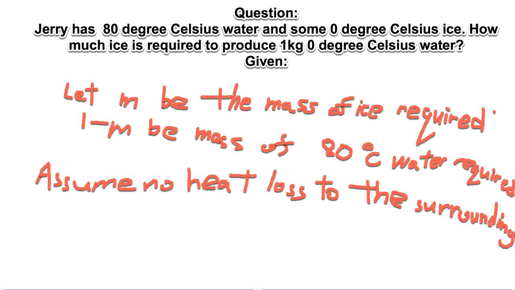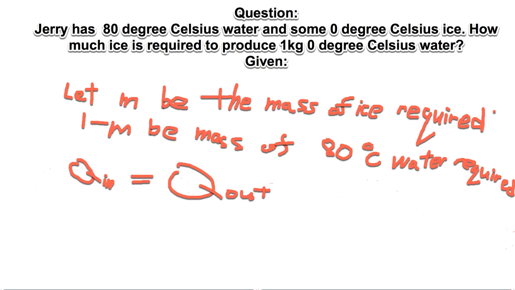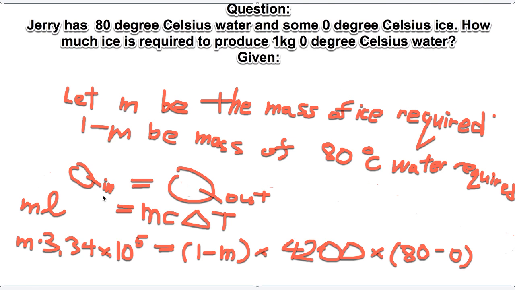Assume no heat loss to the surrounding, as this is worth 1 mark in the marking scheme. After stating the assumption, we can write Q in equals Q out. That is, the energy given out by the 0 degree ice is the energy required to lower the temperature of the 80 degrees Celsius water.